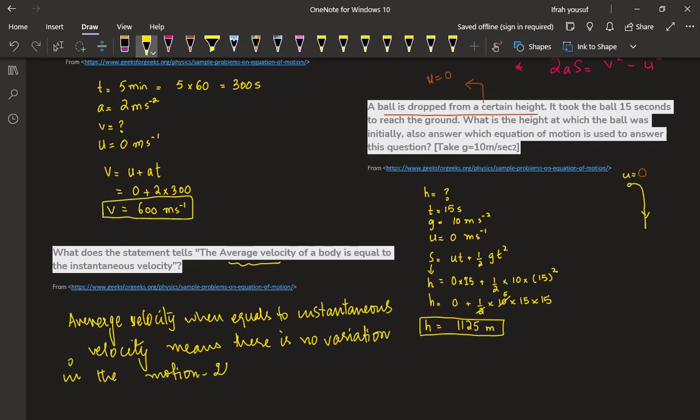It is almost moving with constant speed, right?